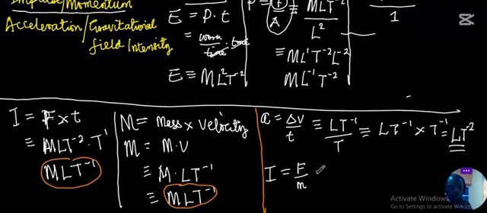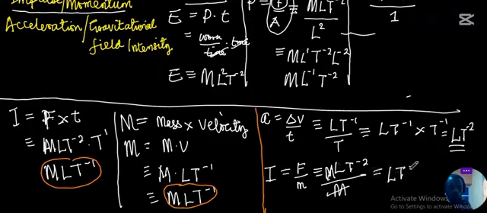The dimension for force is MLT^-2, divided by the dimension for mass, which is M. So once M cancels M, you are left with LT^-2, as we see in acceleration.